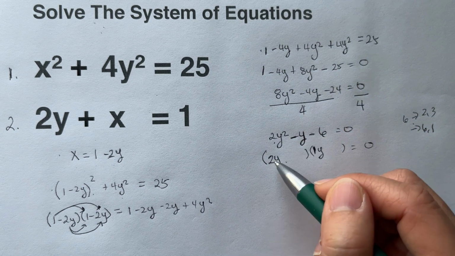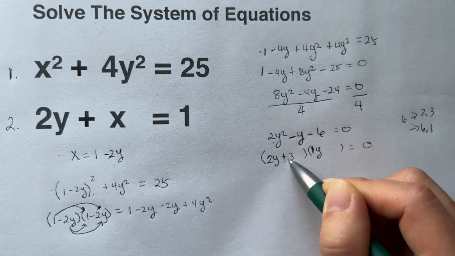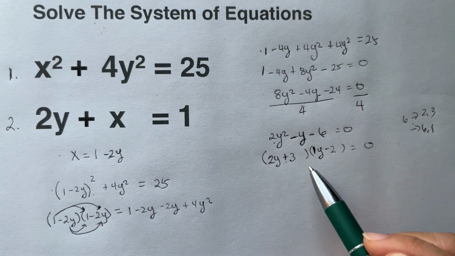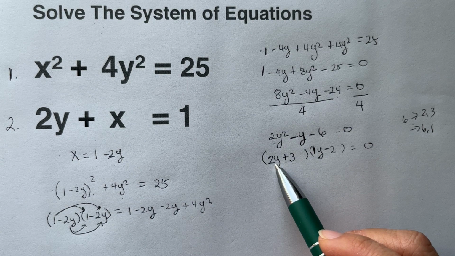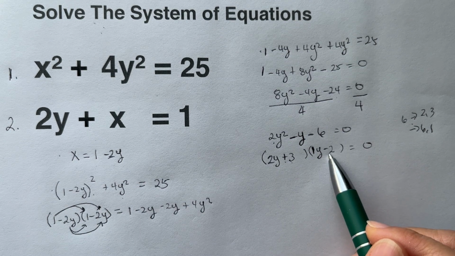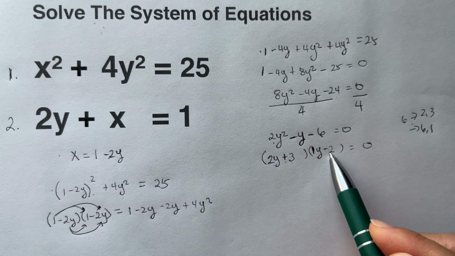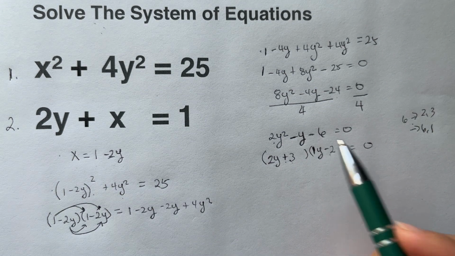And so basically what we have is 2y plus 3, y minus 2. Here we'll have 3y plus negative 4y. That will give us negative y. And positive 3 and negative 2 is equal to negative 6.